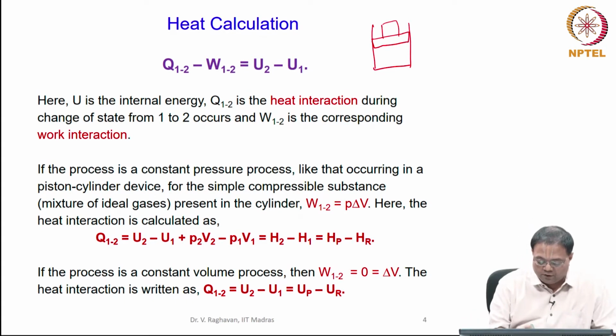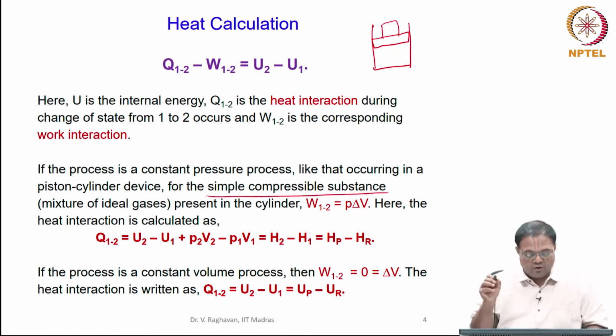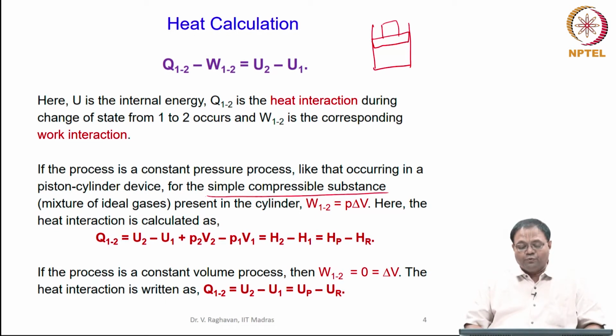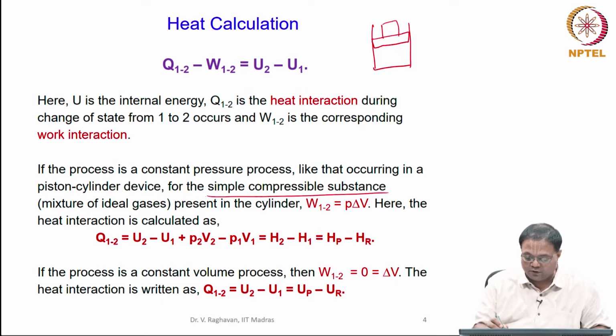They are simple compressible substances, a mixture of ideal gases present in the cylinder. So this movement of the piston in the cylinder contributes to what is called a displacement work.